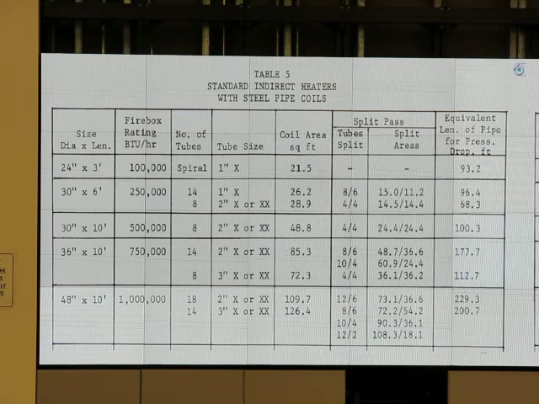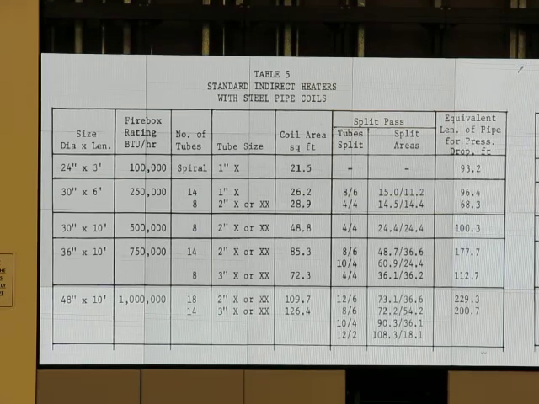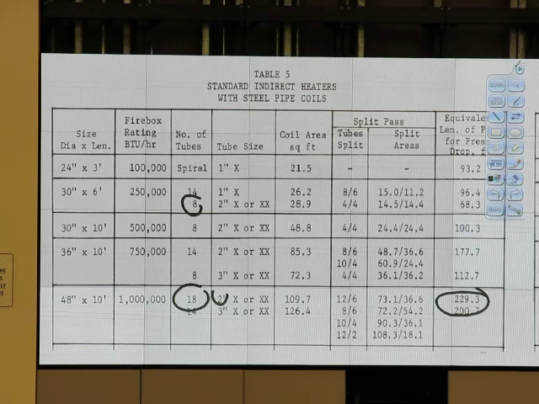If it is longer, it has more pressure drop. Look at this one, 2 inch with just 68. So how many coils does this one have? Number of tubes is 8. For 2 inch with 18 tubes, we have more pressure drop. And that reflects in the equivalent length, right?